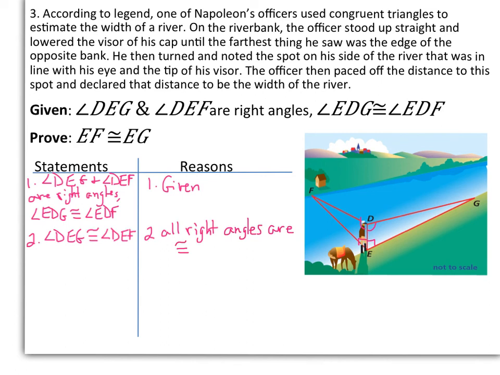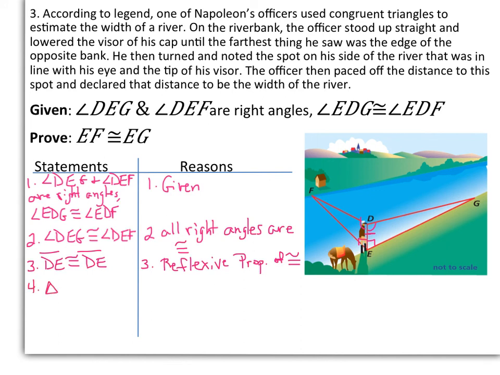If you notice, our two triangles share side DE, so that means that side is congruent to itself. So we can say side DE is congruent to side DE because of the reflexive property of congruence. And now I have my three parts to say my two triangles are congruent.